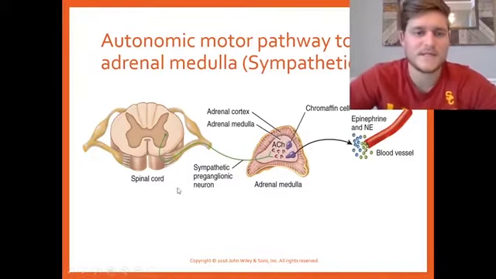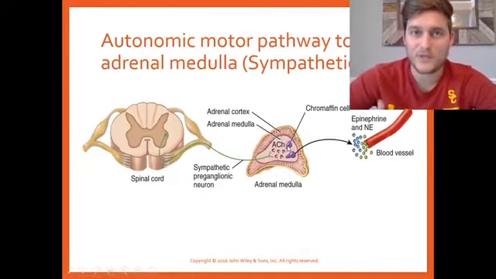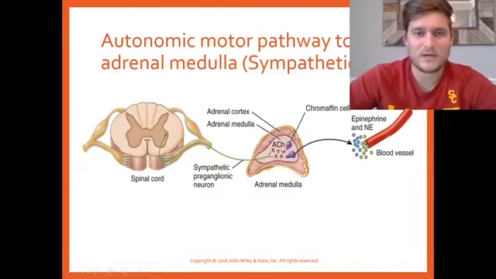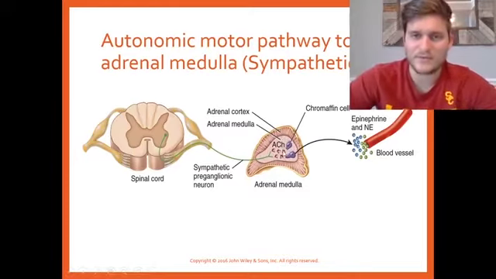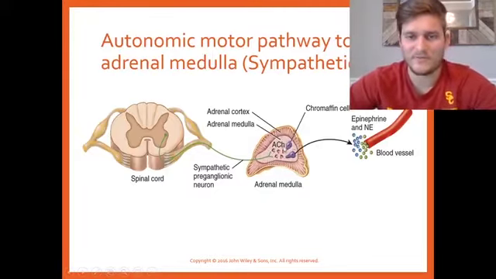And how that works is these sympathetic neurons are going to stem down and synapse at a place called the adrenal gland, which is located on top of your kidneys. And in that adrenal gland, the section that produces epinephrine and some norepinephrine is called the adrenal medulla. So this neuron is going to synapse with these chromaffin cells.